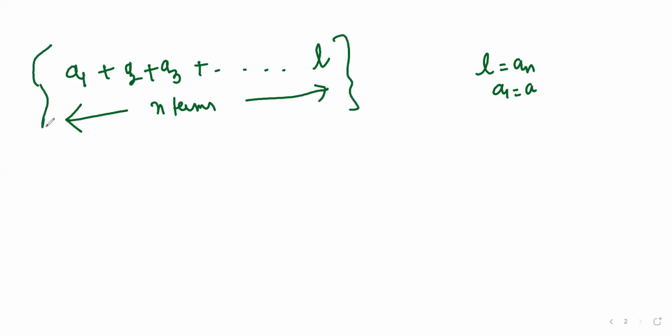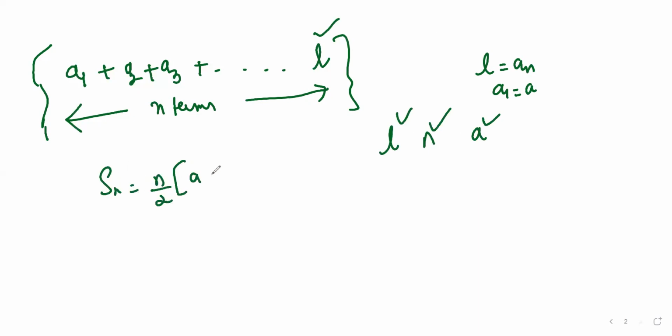The AP might consist of many terms, but if I consider the first 10 terms, the 10th term will be the last term. So if I know the last term, the number of terms, and A, I need not even know D. I can calculate Sn is n by 2 into (A plus L). So this is another formula, provided I know the last term in the arithmetic progression series.